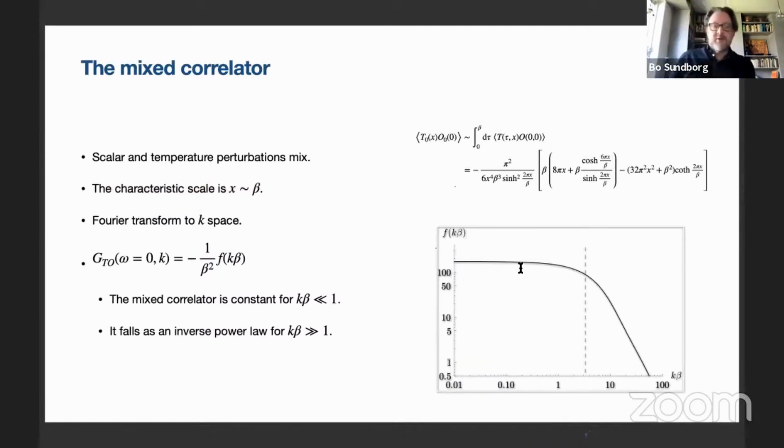So we can extract all information from that plot. The mixed correlator then is constant for small momenta, and it falls as an inverse power law for large momenta compared to the characteristic scale, of course.